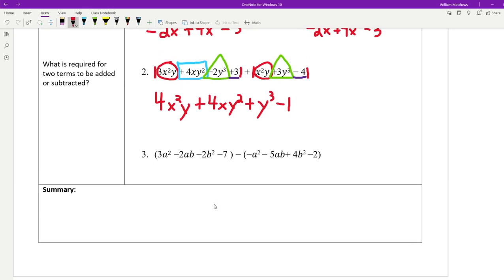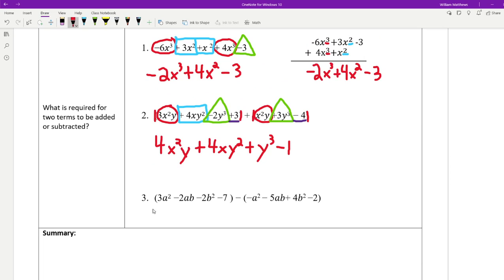Our last example. This time, our first parentheses is still positive, so that cancels out. But our next parentheses has a negative in front of it. That's going to change the symbol of every single piece here. That means that this becomes a positive once we use it.